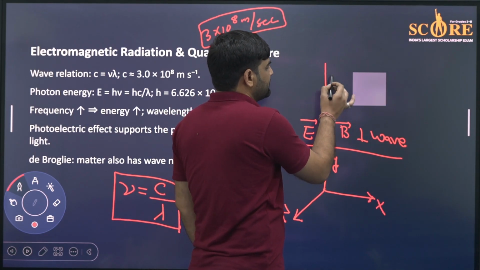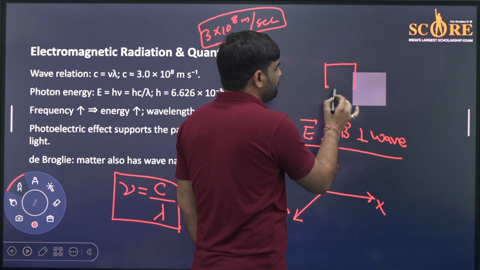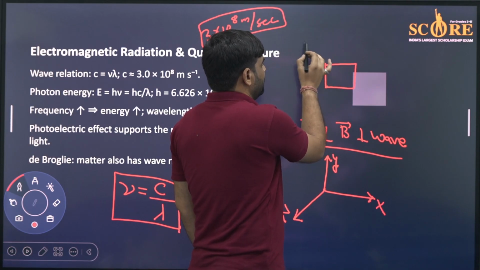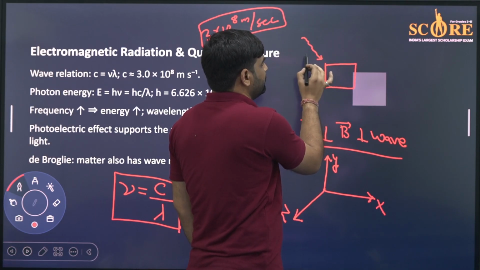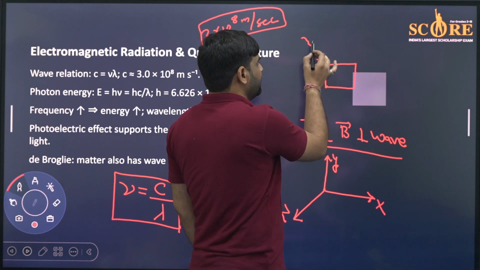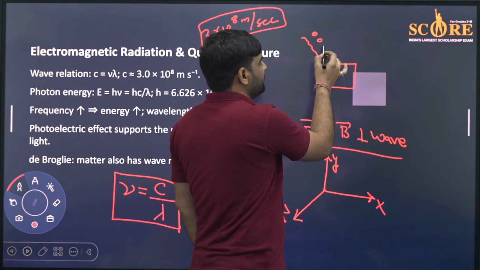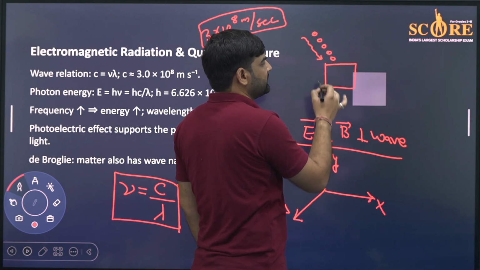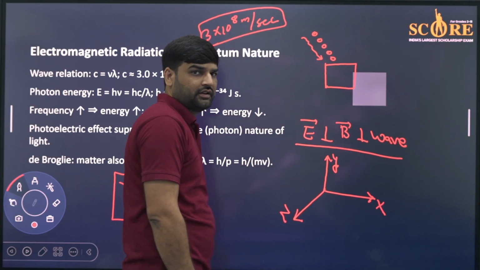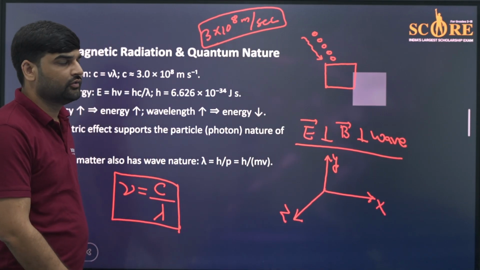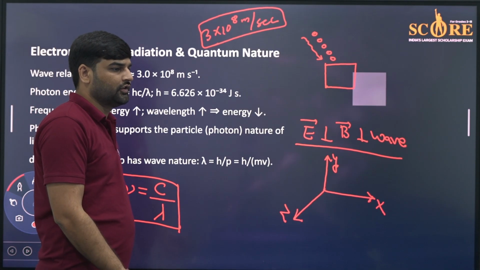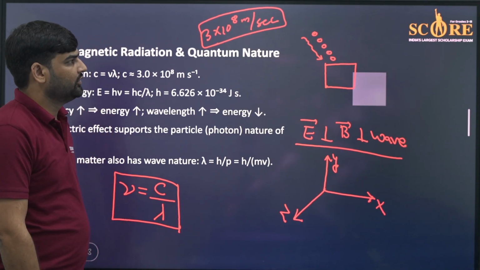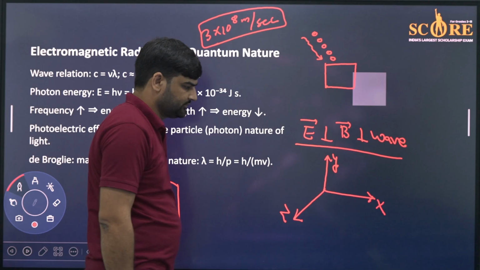Also, according to Planck's theory, if an object absorbs energy, then it absorbs energy in small packets. These small packets are known as photons.